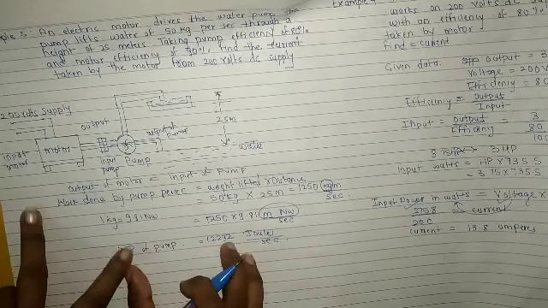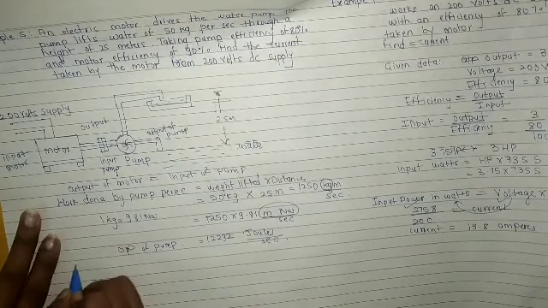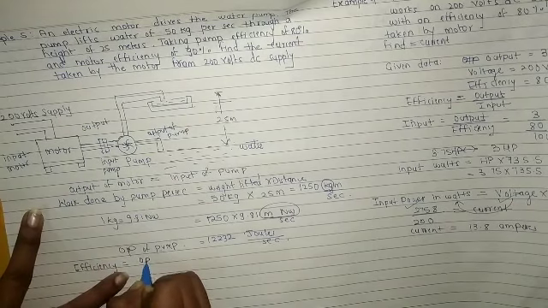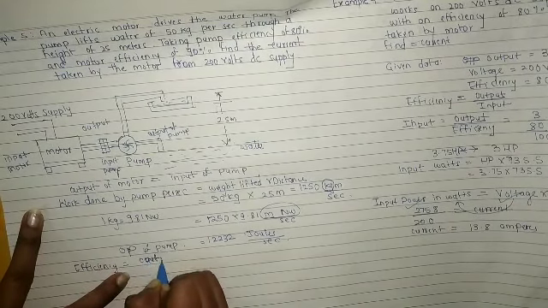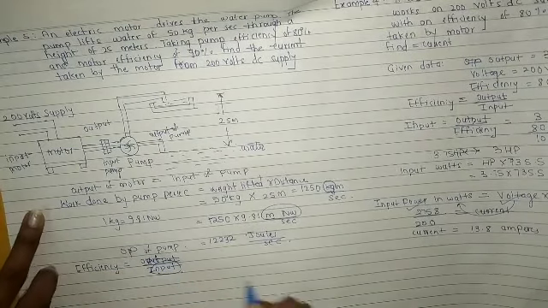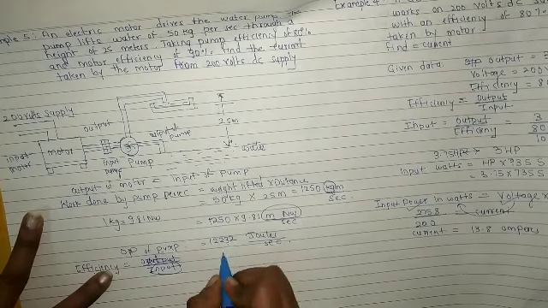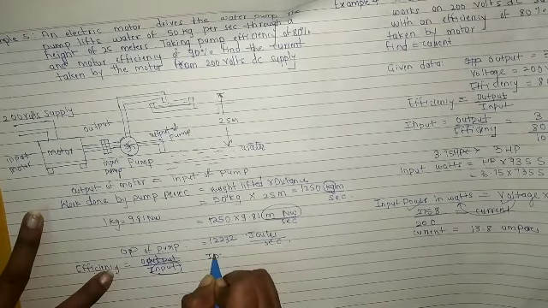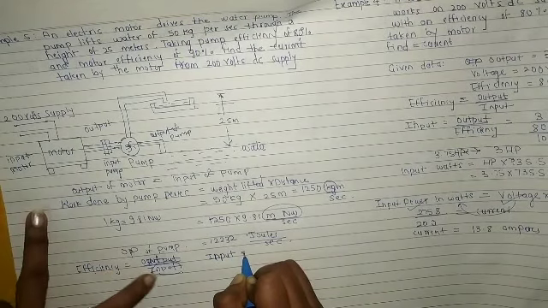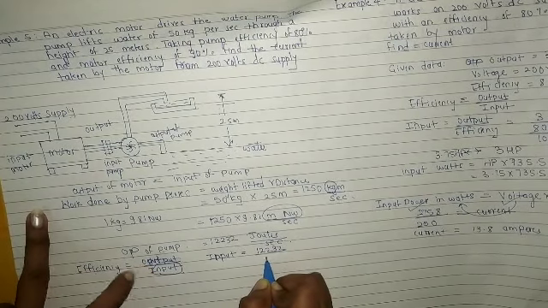From this output, we know the efficiency of the pump. From this formula, efficiency is equal to output divided by input. We'll calculate the input. Efficiency is 80%, and output we have calculated here. So input is equal to output, 12232, divided by efficiency 80%.